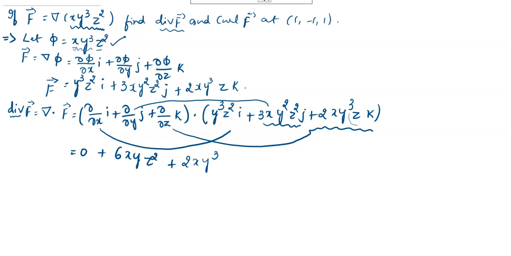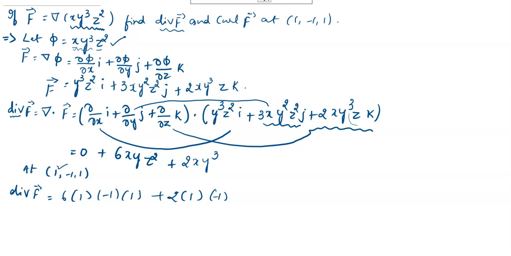Now you have to find it at the point 1 comma minus 1 comma 1. So divergence of f vector, substituting the values: 6 into x is 1, y is minus 1, z is 1, plus 2 into x is 1, y is minus 1 whole cube.